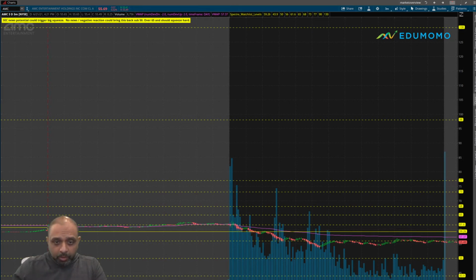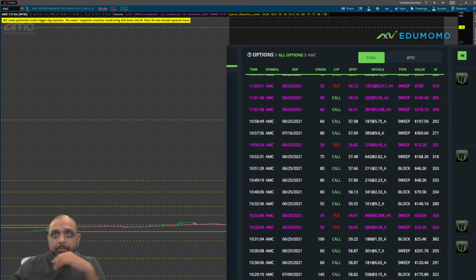And let's scroll all the way down. And you can see mixed, right? But the purples here are buying puts, 55, 35. Sorry, you guys can't see that.